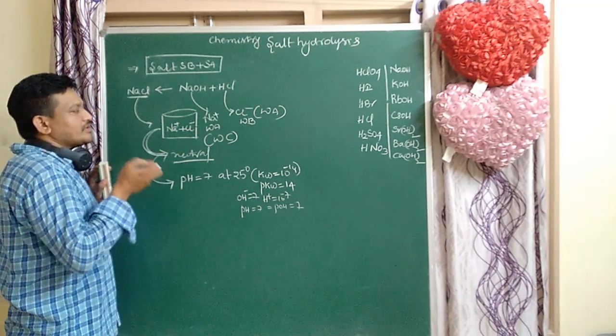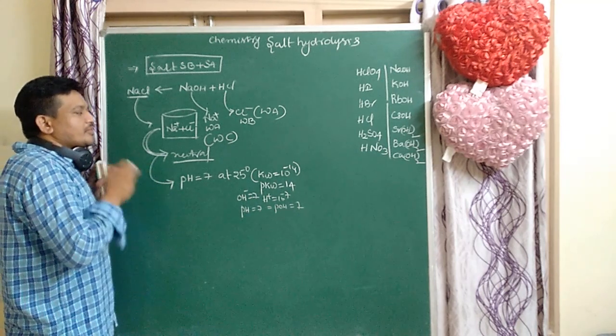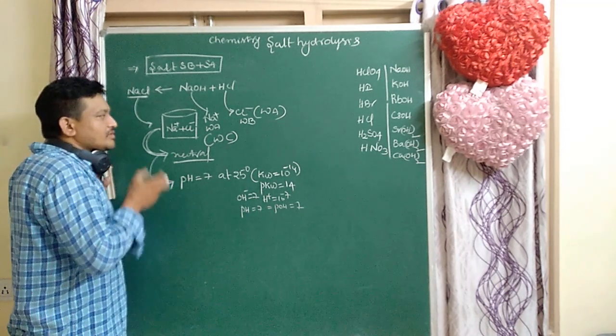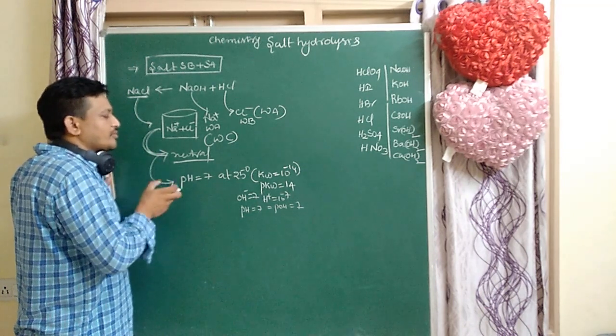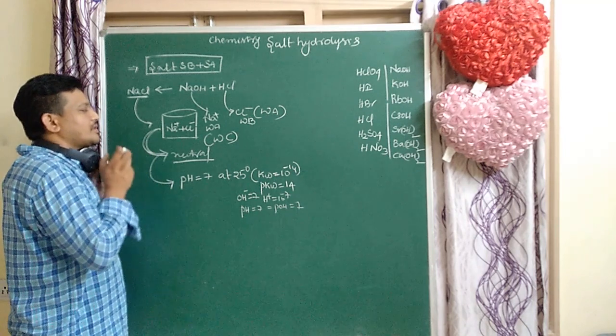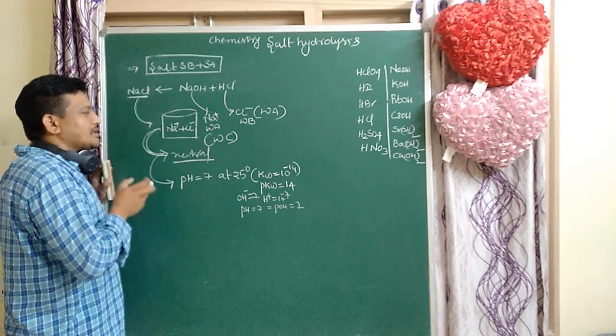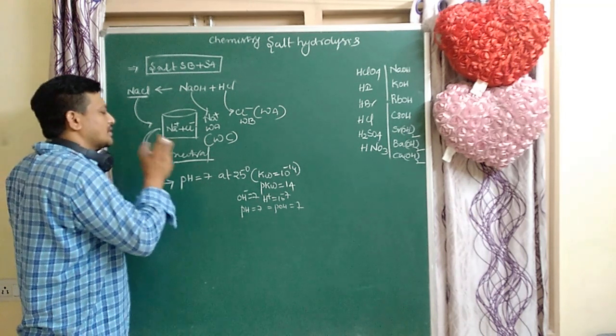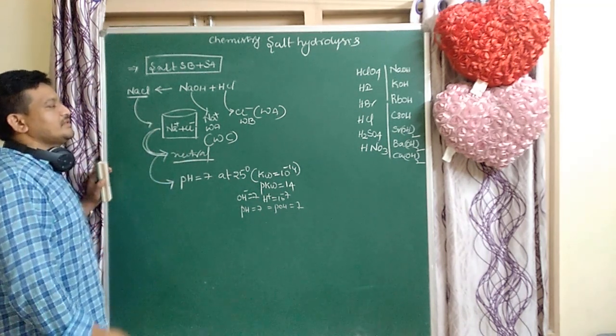Whatever the salt may be, if it came from strong acid and strong base, the aqueous solution of that salt has a pH value of 7. The nature of the solution is neutral.